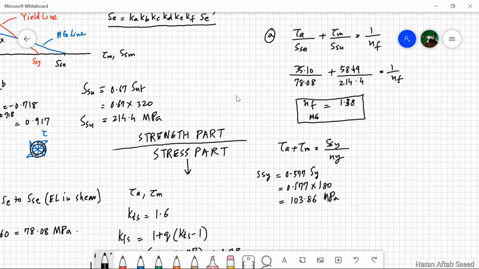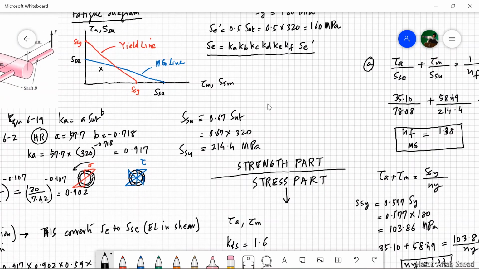Put in the values: 35.10 plus 58.49 is equal to 103.86 over NY, and NY then turns out to be 1.11, which is again safe. So this loading situation is safe for both the fatigue as well as yield mode of failure.